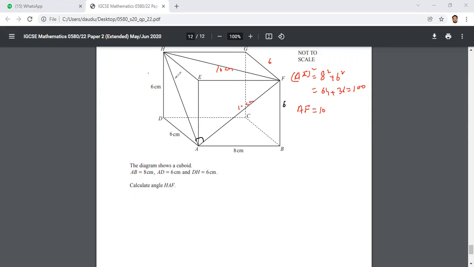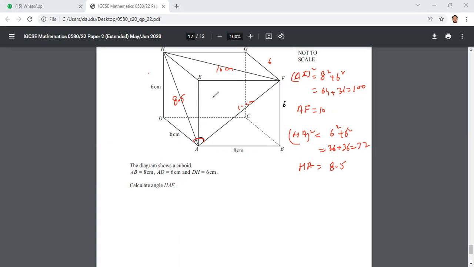So HA whole square equal 6 square plus 6 square, that gives me 36 plus 36, it is 72. And if you take the square root of 72, HA is equal to 8.5.